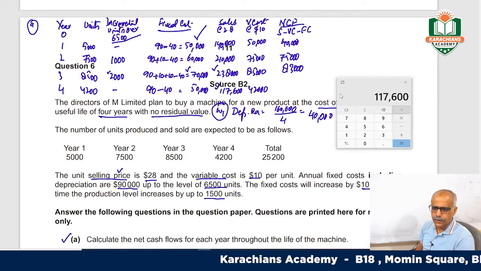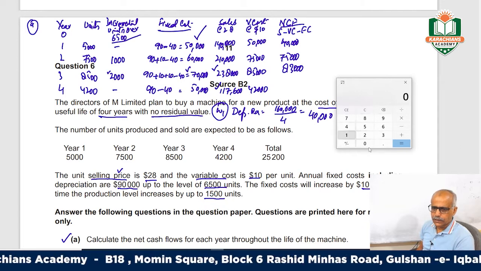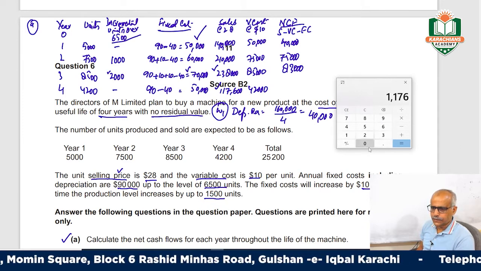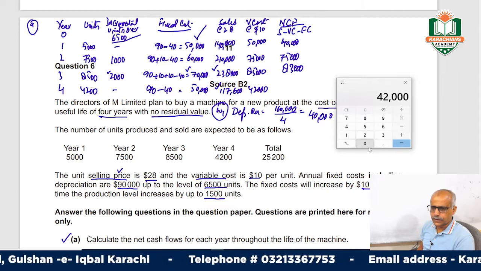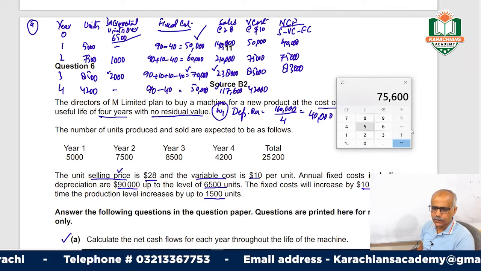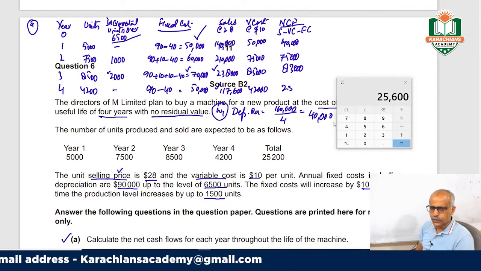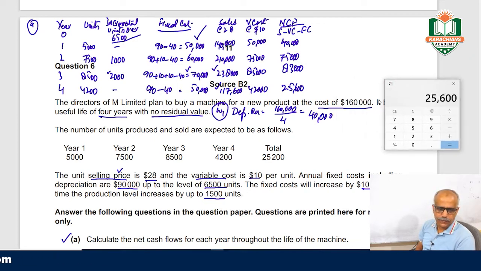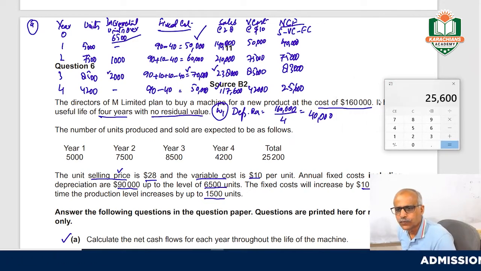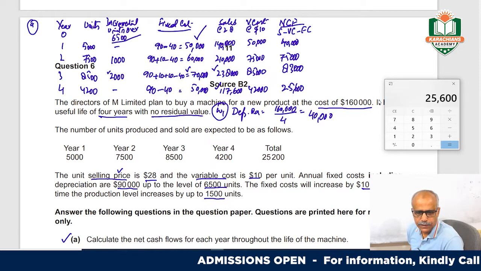This is your sales minus 42,000 variable cost, and 50,000 fixed cost. So this is 25,600.